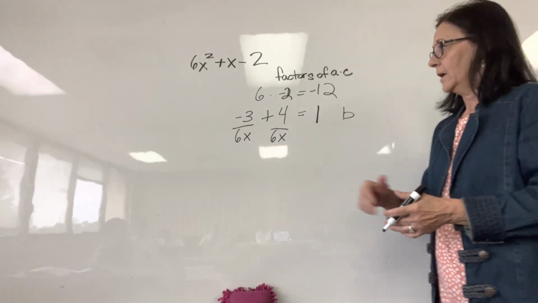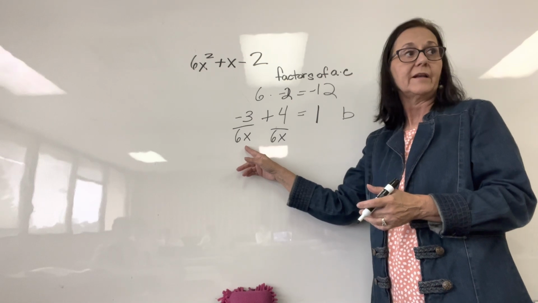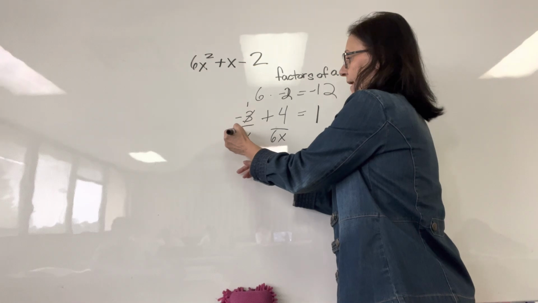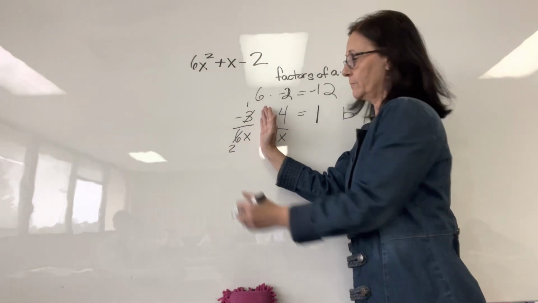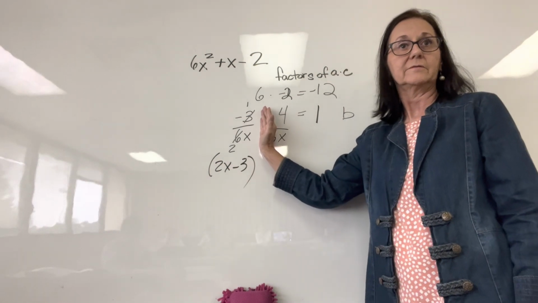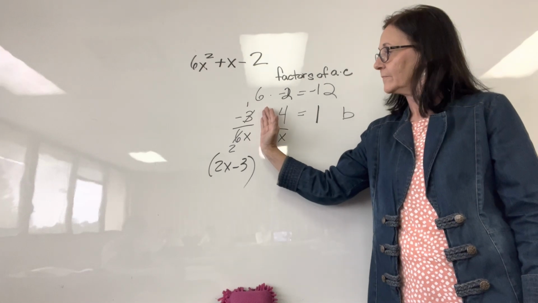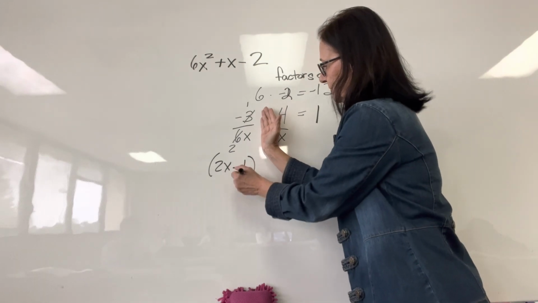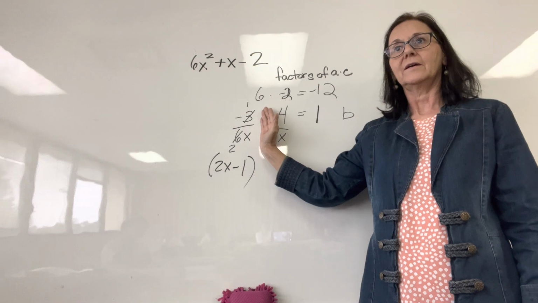So basically, before I write the factor, I'm going to simplify the numbers. So this becomes a 1 and that becomes a 2. Everybody look, I'm reading bottom to top. It's 2x minus 1.